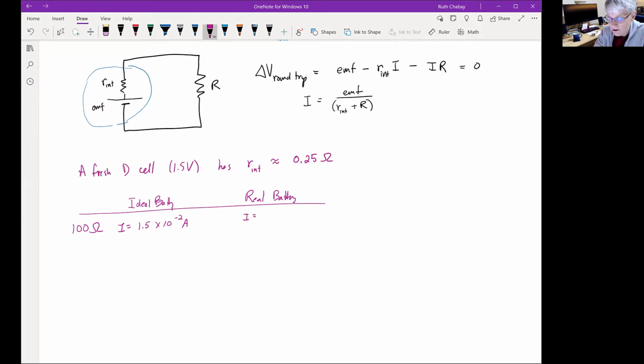For the real battery, the current would be 1.5 volts over 100.25, or 100 plus 0.25, which would give us very close to 0.015 amps. It'd be 1.496 times 10 to the minus 2 amps.